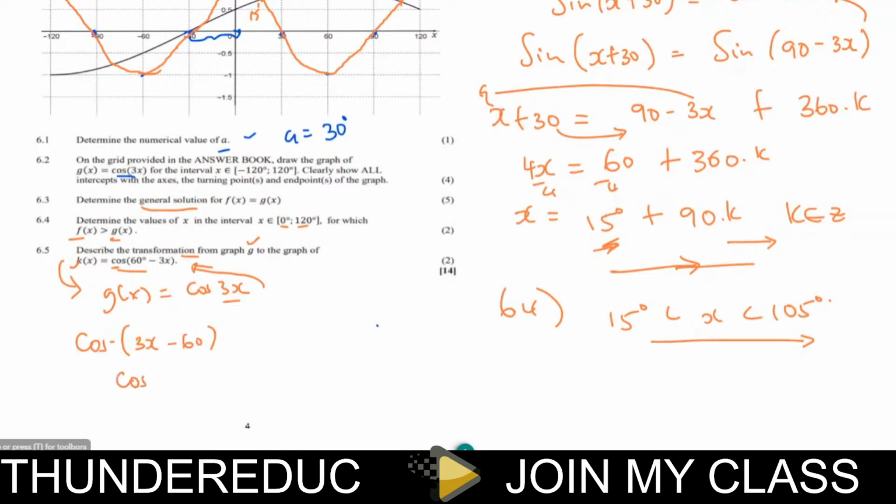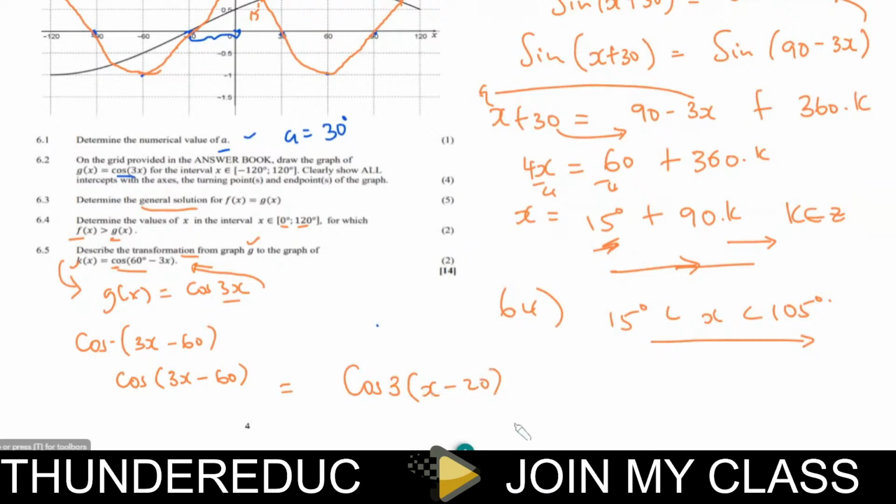So that will be cos of 3x minus 60. Then from this, what if I factorize out the 3 that is common? Then it will end up being cos 3 into x minus 20. So that if I multiply this and this, I'll get my 3x. And then this and this is going to be negative 20.